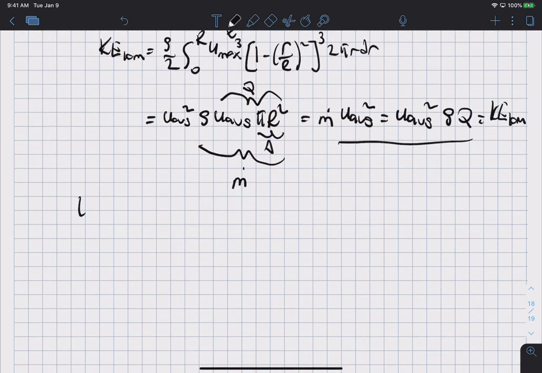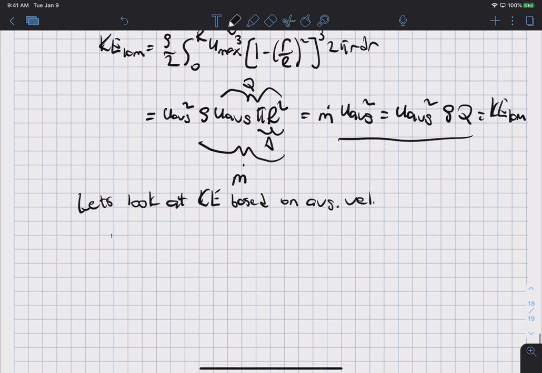So let's look at Ke based on average velocity. Okay, and I'll call that Ke averaged. Okay, and that will equal the integral over the area of u averaged squared over 2 times rho v dot n hat dA. Okay.